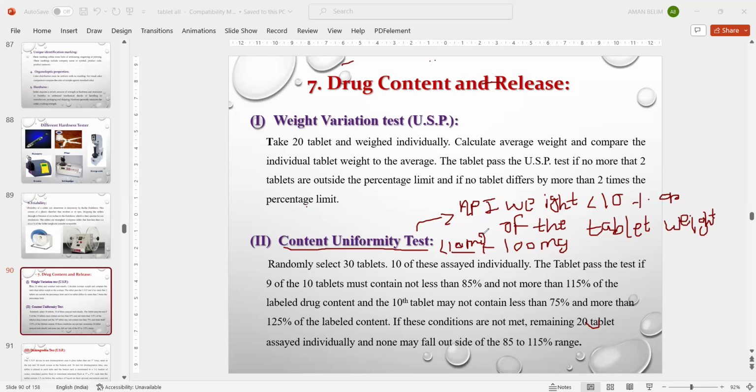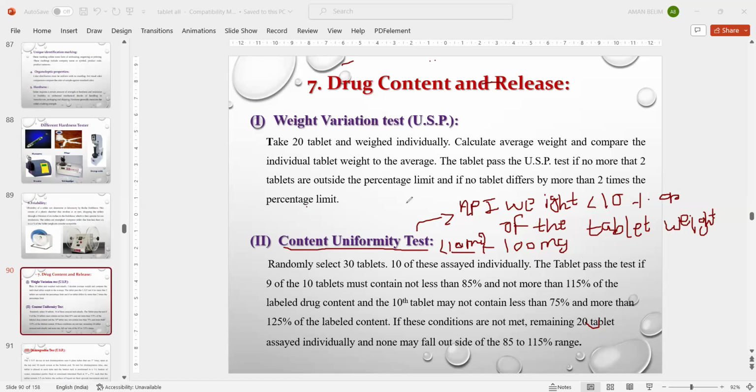Again I am repeating, if the amount of API is 10% or less than 10% of the actual tablet weight, and the tablet is 100 mg, then it will be 10 mg if it is 10% API, right?